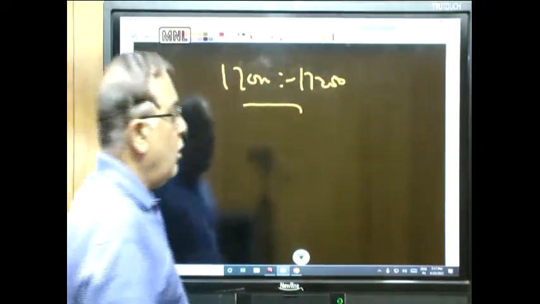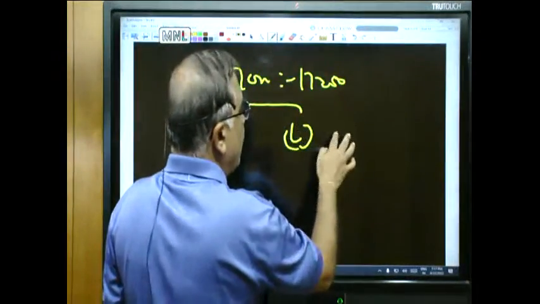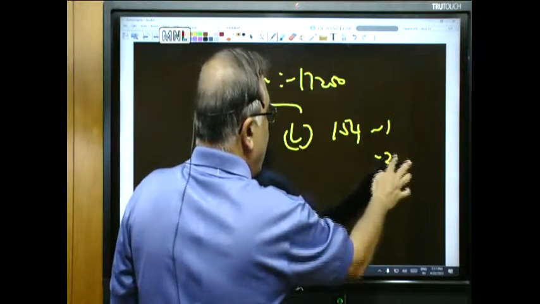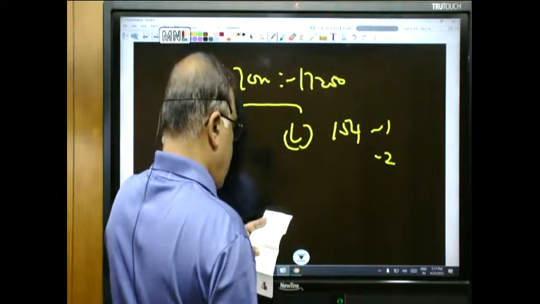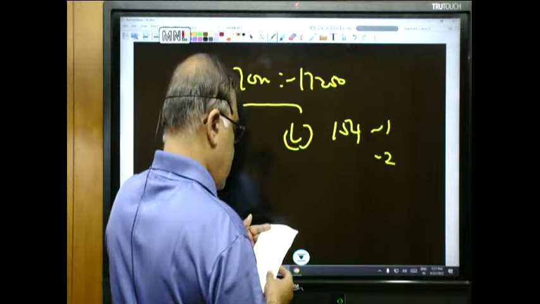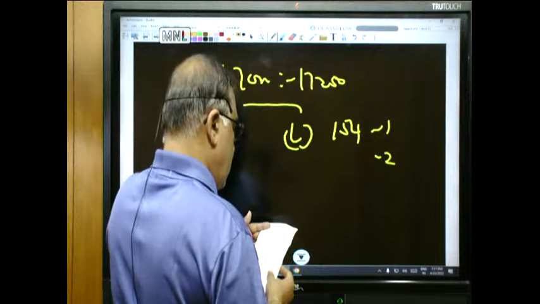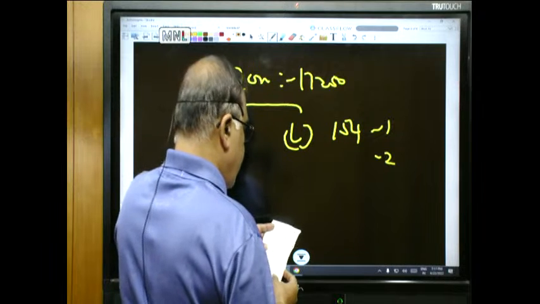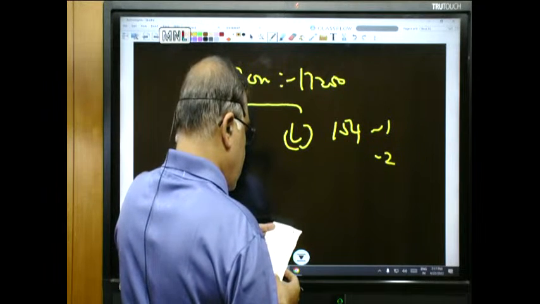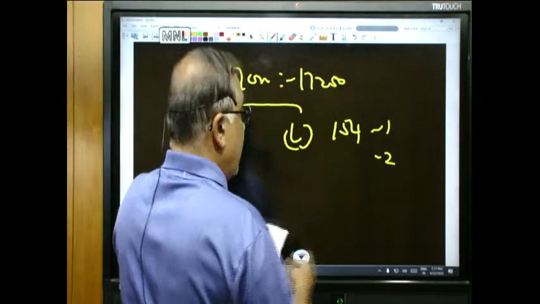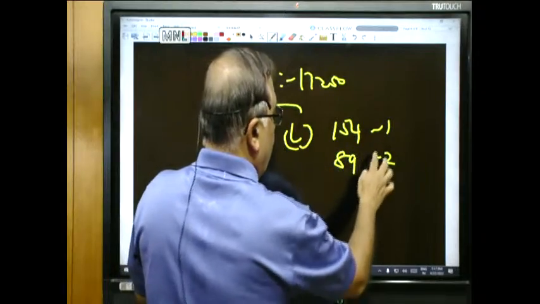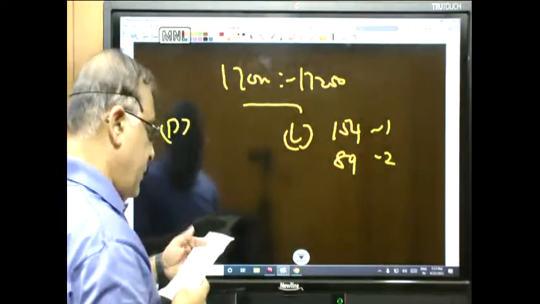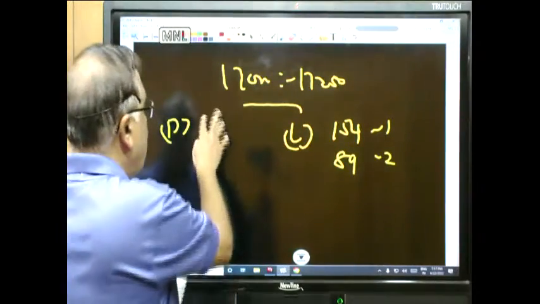So what was the total loss? First day we lost 154 rupees. Second day loss was 89. These are losses. Profits, the third day we had a profit of 74.